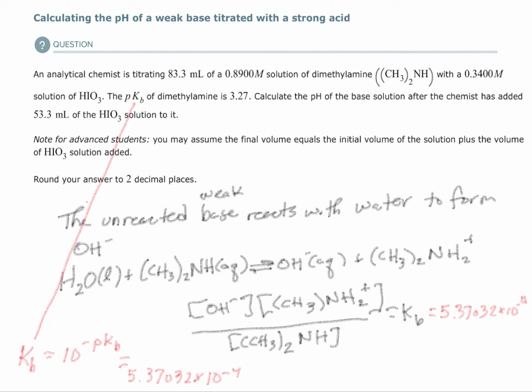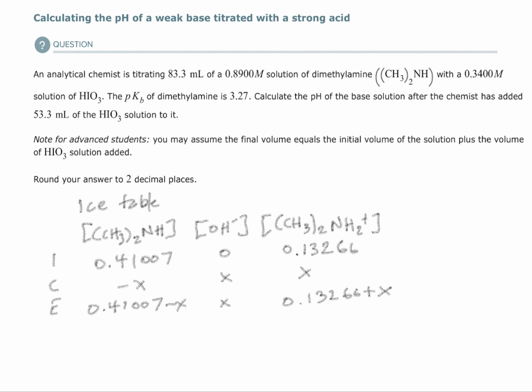And so I put that in my equation, and then I put in my molarities that I just found. Now I have to do an ICE table. My initial, after I got rid of all the acid, my residual base was 0.47 molar. I found out the conjugate acid that I produced was starting at 0.132 molar, and this is my ICE table.